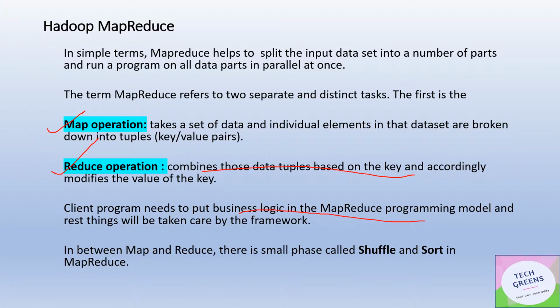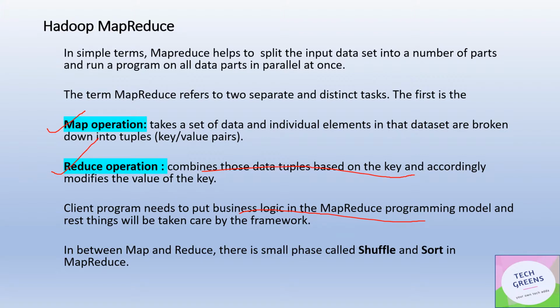As part of the Hadoop MapReduce framework, a set of APIs, classes, and methods are provided. So you'll have to place your business logic in the same construct, and the rest of the things behind the scenes, how the task distribution or the parallel execution of tasks would happen across the nodes, would be taken care of by the Hadoop framework itself.